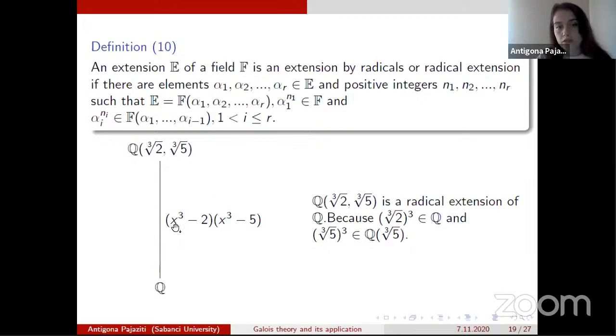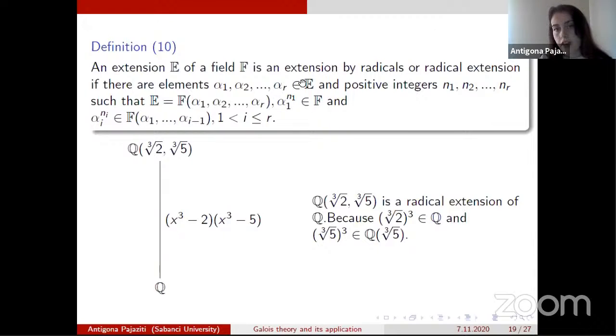I wrote the polynomial (x cubed minus 2)(x cubed minus 5), whose factors don't have roots in Q. It is irreducible over the field of rational numbers. Now we can easily see that the extension generated by the roots of these polynomials is a radical extension of Q, because we can take alpha sub 1 to be the cube root of 2, and n sub 1 to be the positive integer 3, then the cube root of 2 to the third is in the rational numbers.